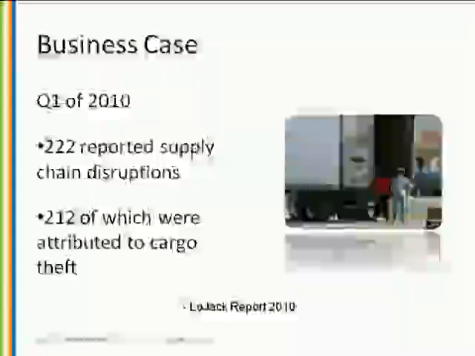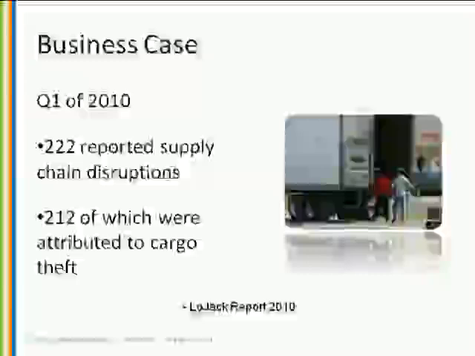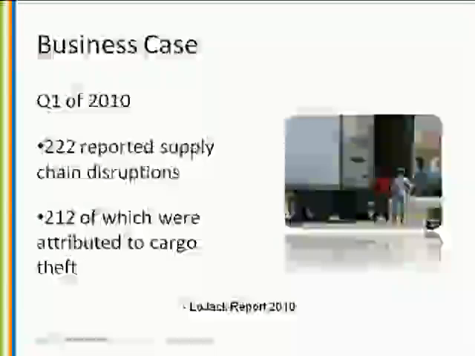First, a recent LoJack report stated that for the first quarter of 2010, there were a total of 222 reported supply chain disruptions, 212 of which were attributed to cargo theft. Now, this is obviously a growing concern and certainly just one component of supply chain risk management. Renee, I think you said you were working with a client that has this specific concern and problem. Do you have any additional comments on that?